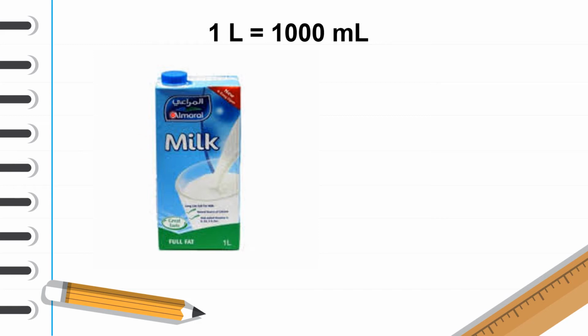Now tell me, what is the capacity of this milk pack? You can see it's mentioned on the box. Excellent. It is 1 liter milk pack, right? So the capacity of this milk pack is 1 liter.